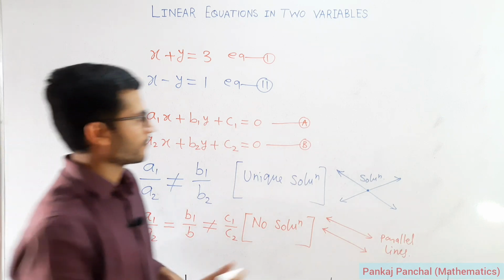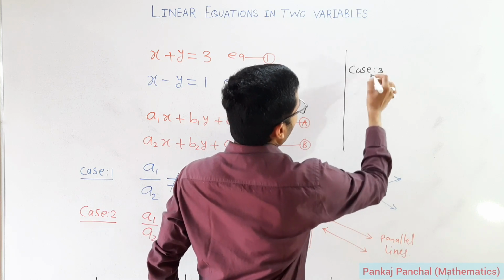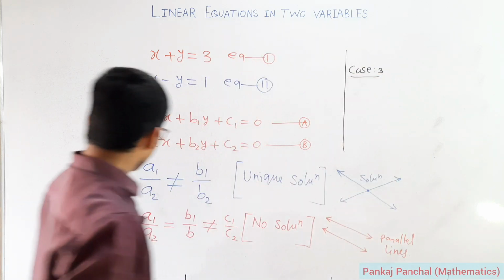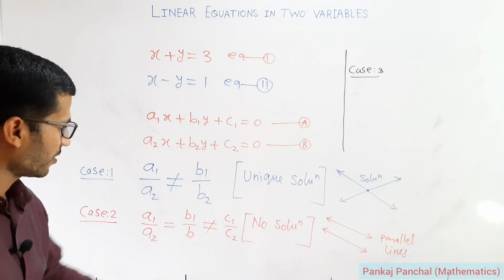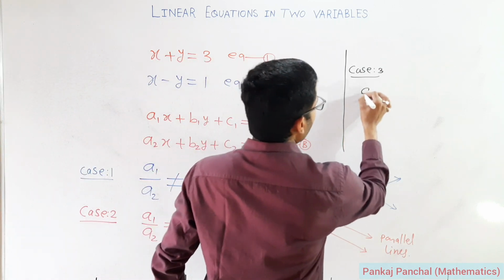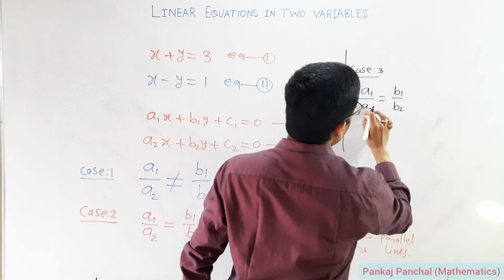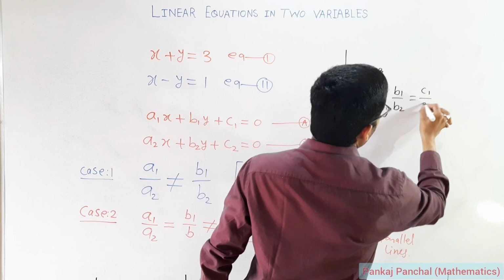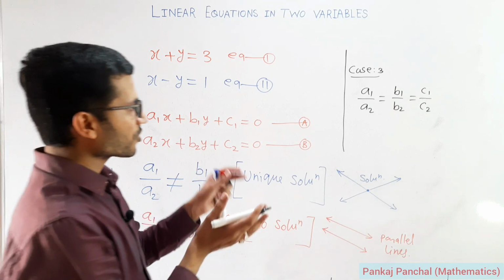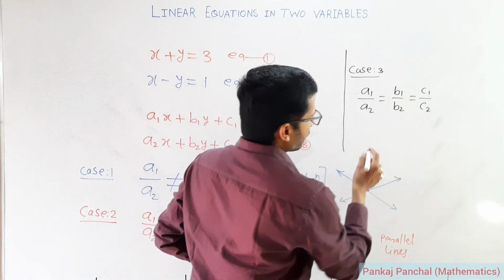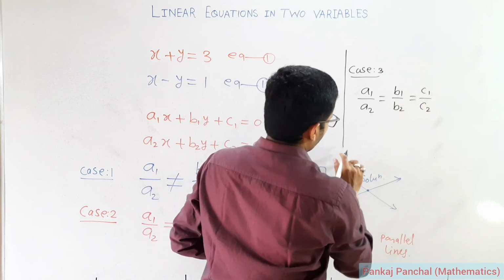Now look, case 3. When a1 upon a2 equals b1 upon b2, and this is also equal, means all these three are equal: a1 upon a2 is equals to b1 upon b2 is equals to c1 upon c2. It means all these values are in the same ratio, means when we solve both equations, we get coincident lines.